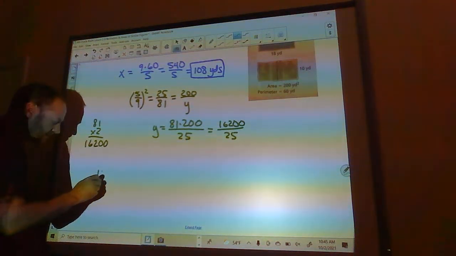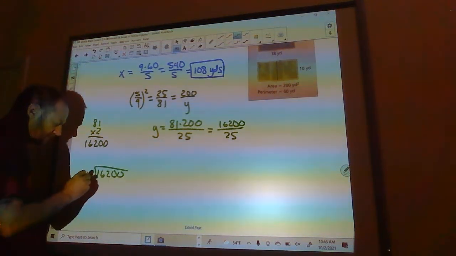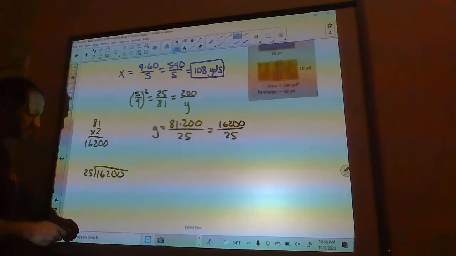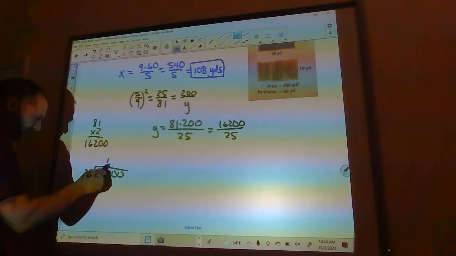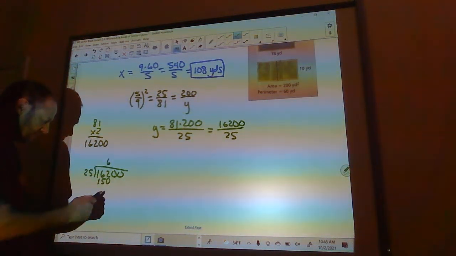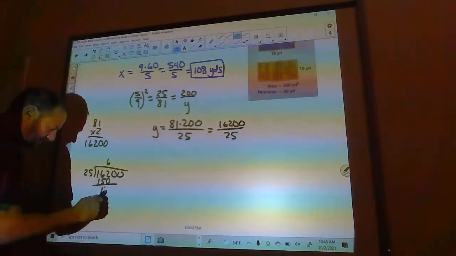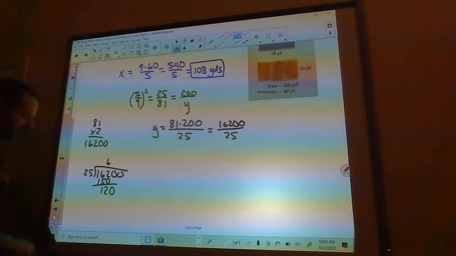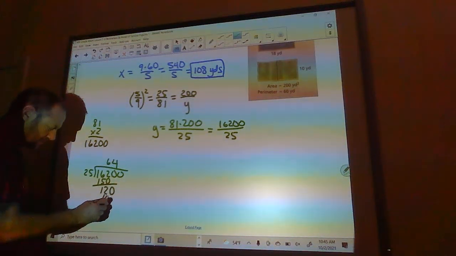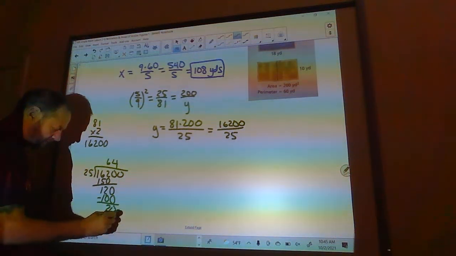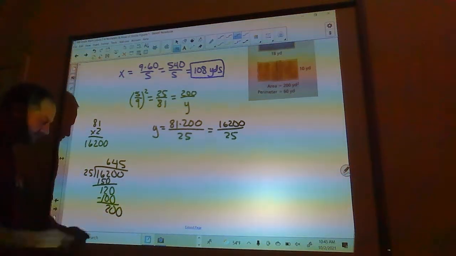Let's go ahead and divide that by 25. That'll go in here 6 times, that's 150. That leaves 12, drop a 0. That'll go in there 4 times, that's 100. 20, drop a 0, that'll go in there 8 times.